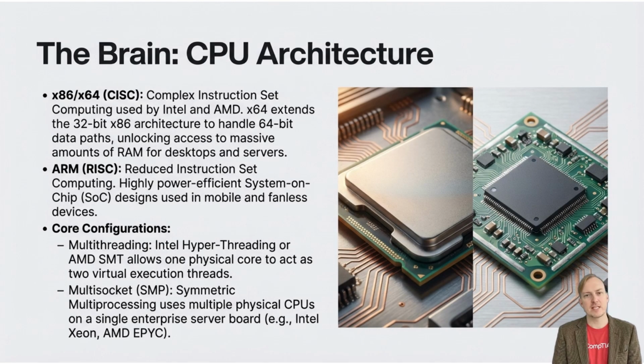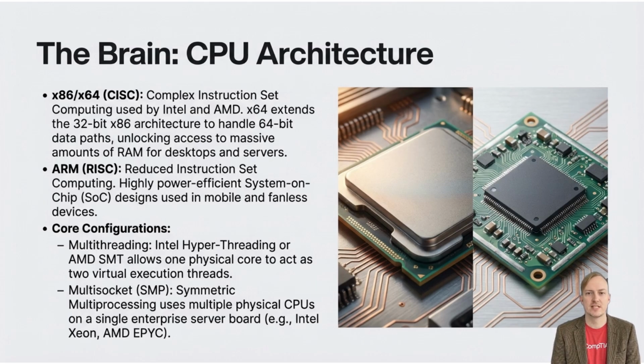Next is the brain, CPU architecture. Most desktops and servers use x86 or x64 architecture, which is a complex instruction set computing (CISC) design dominated by Intel and AMD. The x64 extension specifically allows for massive amounts of RAM. In the mobile and fanless device space, we use ARM architecture, which relies on reduced instruction set computing (RISC) for highly power-efficient system-on-chip designs.